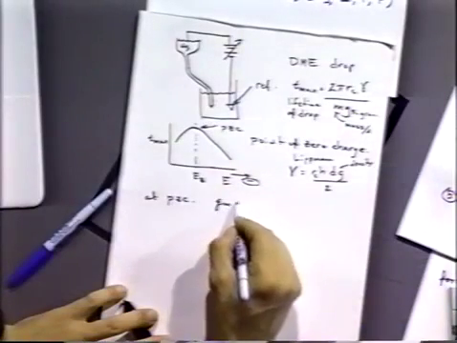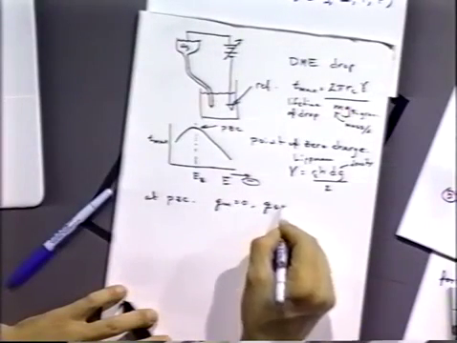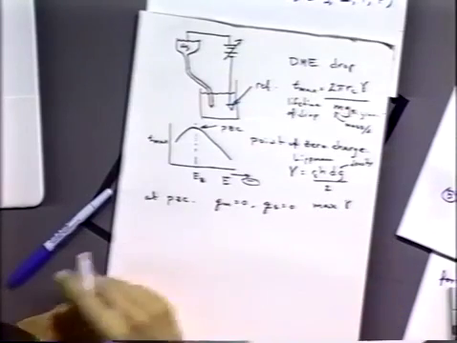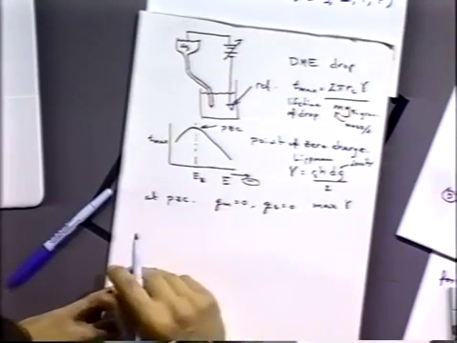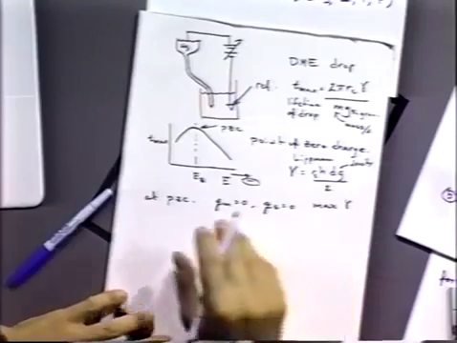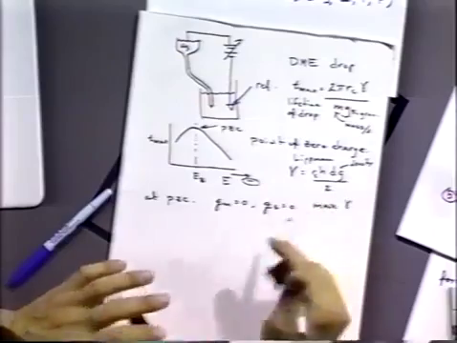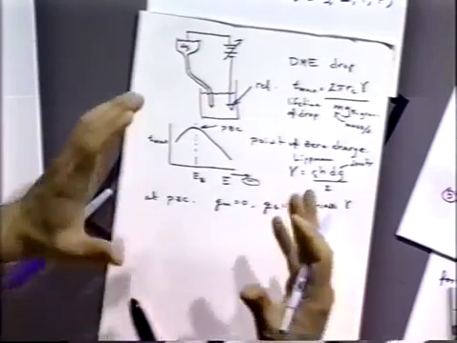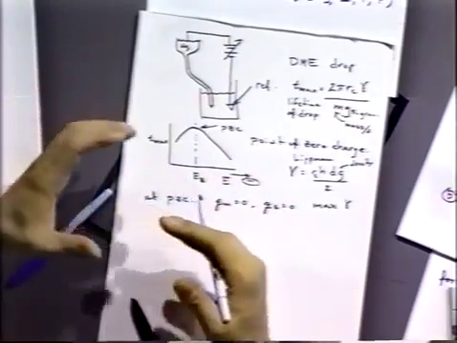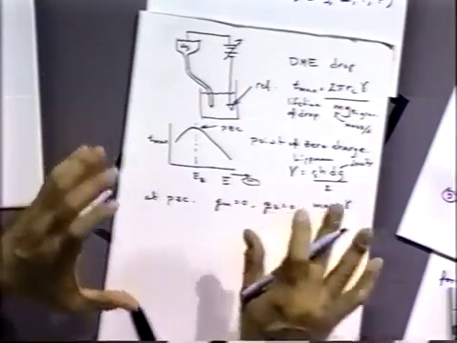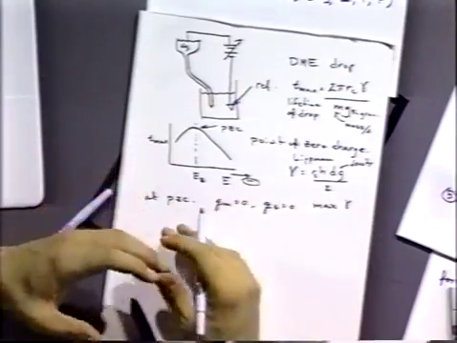Now at the PZC, the charge on the metal is 0, the charge in solution is 0, and we have then a maximum in our lambda. As we go away from the PZC, now we start to build up a charge in the solution and in the metal, and that charge in the metal now tends to reduce the surface tension of the surface.